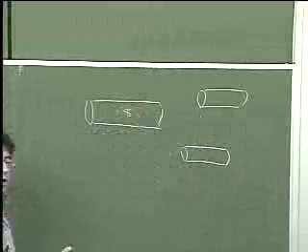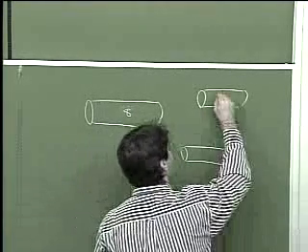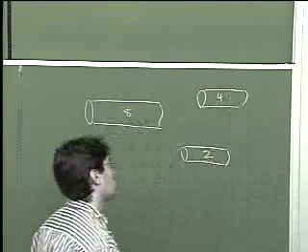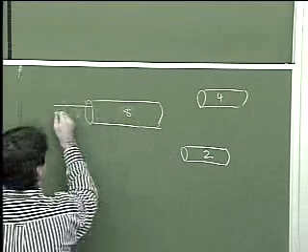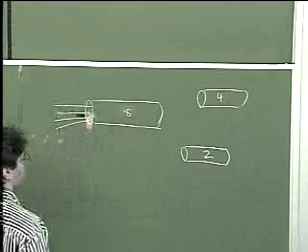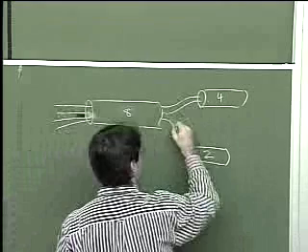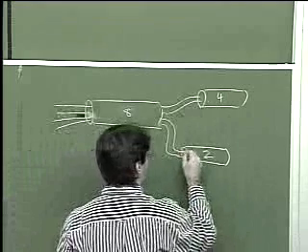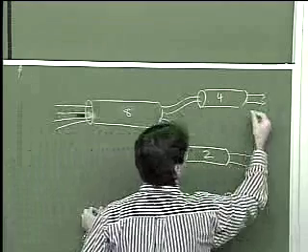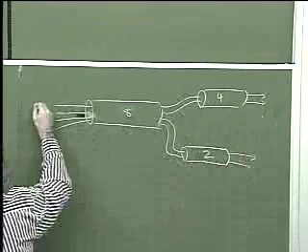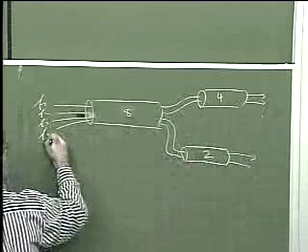We know flows don't always go to the same place, right? So what happens if I have 4 flows? They all go through this pipe, and then 2 of them go this way, and 2 of them go this way. Let me label them F1, F2, F3, and F4.